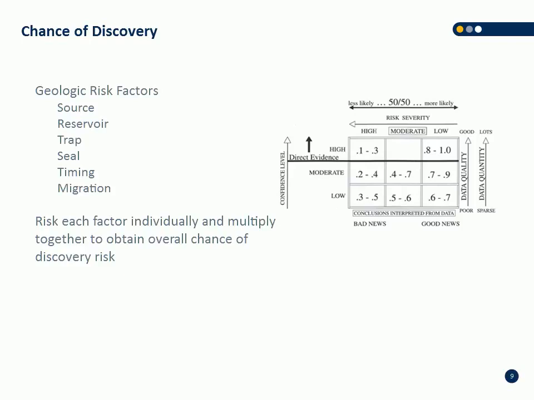As your data quality and data quantity increases, again, you're going to have a higher level of certainty as long as it's good data. So basically, as you get more data on an accumulation, you're either going to go up and to the right or up and to the left, depending on whether it is indicating good news or bad news.